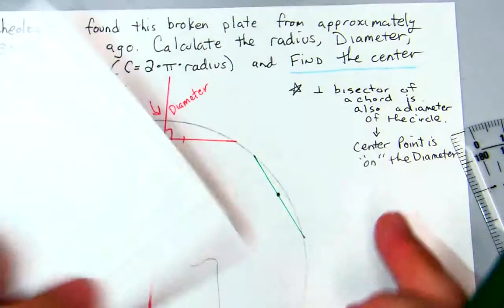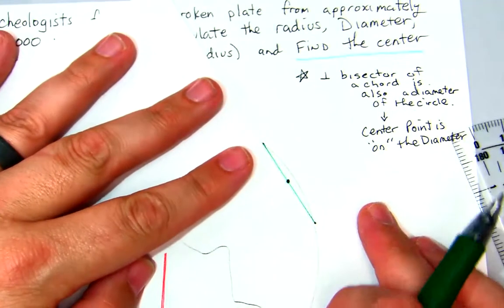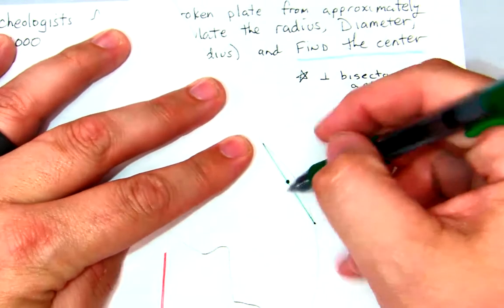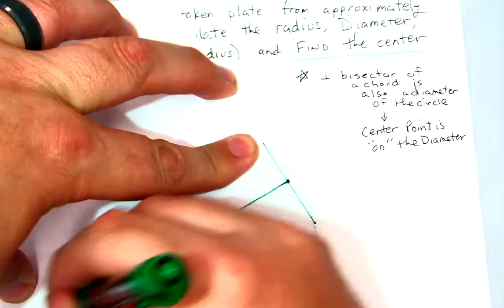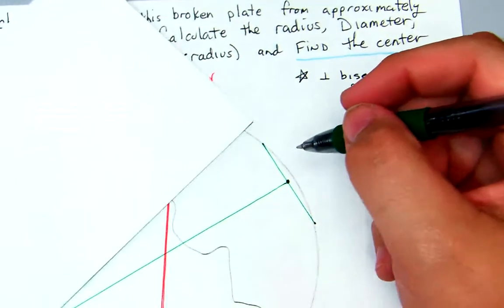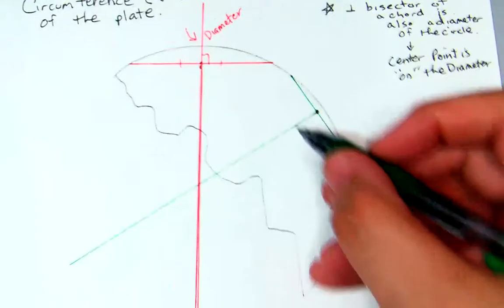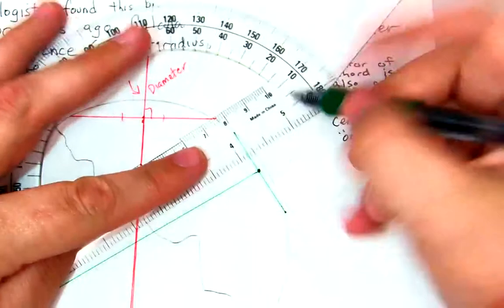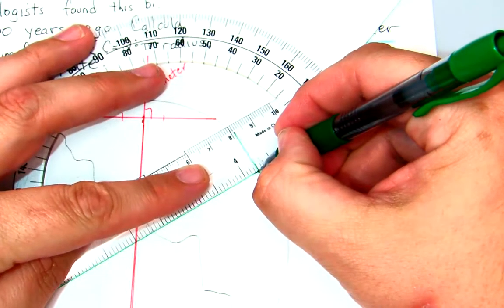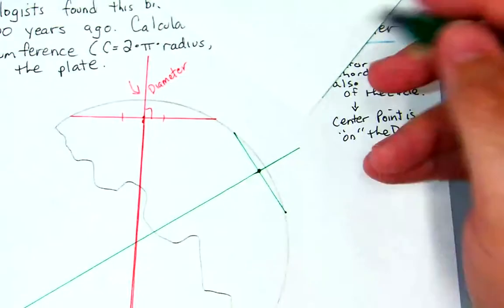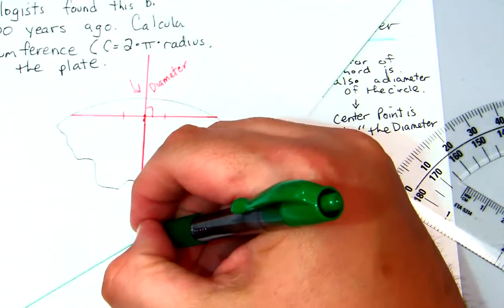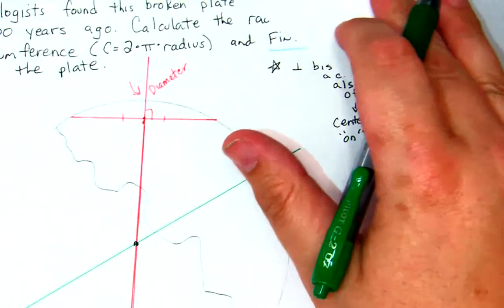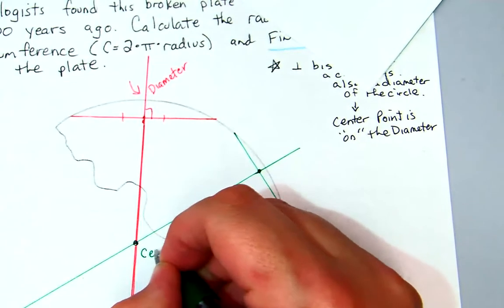So I'm going to draw a right angle here at 2. Which is also a perpendicular bisector, but it's also a diameter. So if I extended this out this way, what do you think that point is? Where do you think all the diameters hit each other? There's our center point.